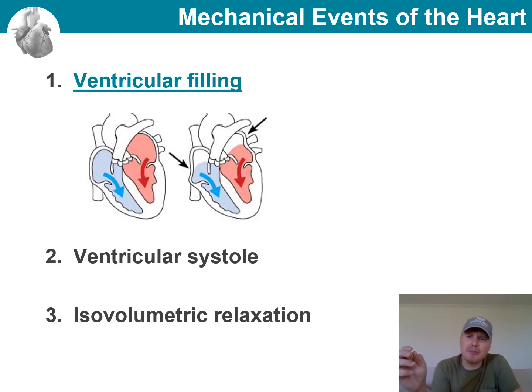During ventricular filling, we are observing the mid to late diastole. During this time, the pressure is low and about 80% of the blood passively flows from the atria through the open AV valve to the ventricle. Note that during this time, the semilunar valves would be closed.